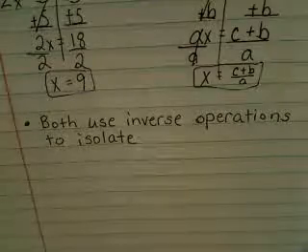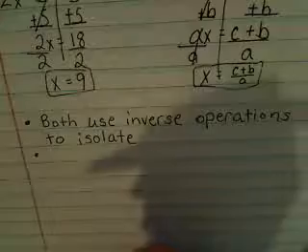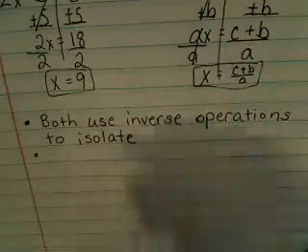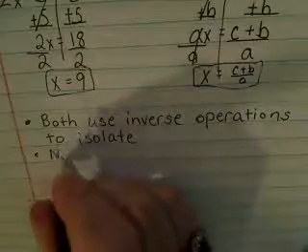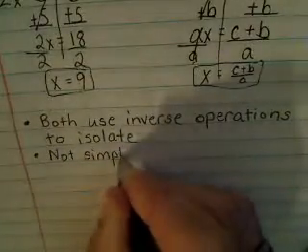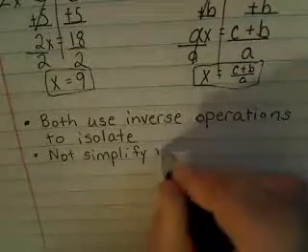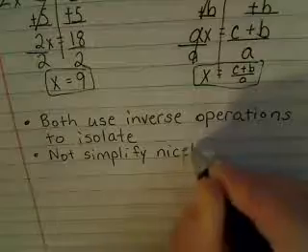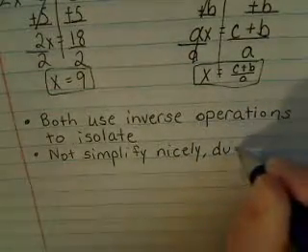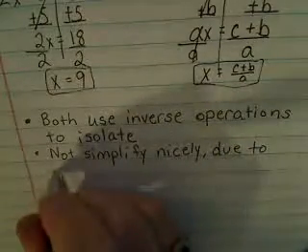The way that they are different is it's not going to simplify nicely. That's due to the multiple variables.